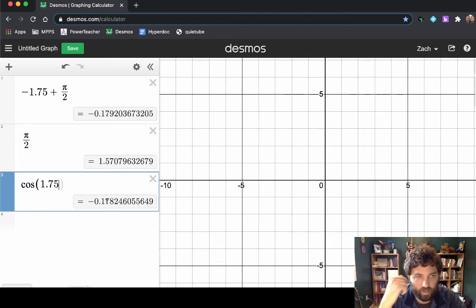The reason for this, I should say, is that 1.75 is really fairly close to 1.57. So there's a little bit of error here at the third decimal place, but you can see that it's sort of close. So 1.57 is pi over 2, that's the a value, and 1.75 is fairly close to that. That's why we can use the linearization to approximate the value there. And I think that pretty much wraps up the linearization piece of this lesson.